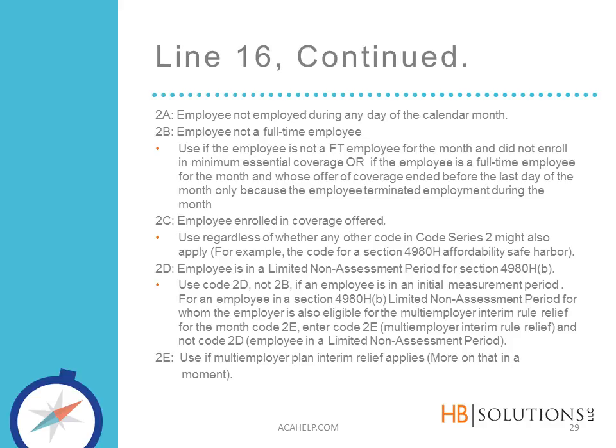This phrase refers to several possible scenarios that are explained in detail in the instructions, but the most common would be months during an initial measurement period or months during an individual's waiting period. And then finally you have 2E, and you'll use this if the multi-employer plan interim relief rule applies, and I'll describe that specific rule in a little detail in just a minute.